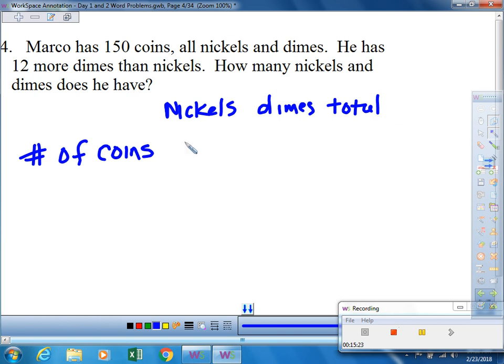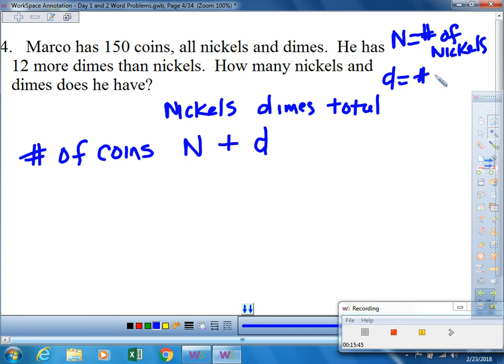No, we don't. So we're going to use N. So as soon as we use a variable, what does N stand for? Number of nickels. And then, do we know how many dimes we have? No, so we're going to use D. So D represents number of dimes.